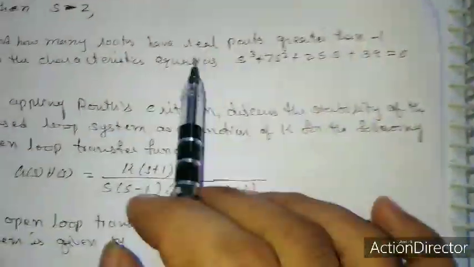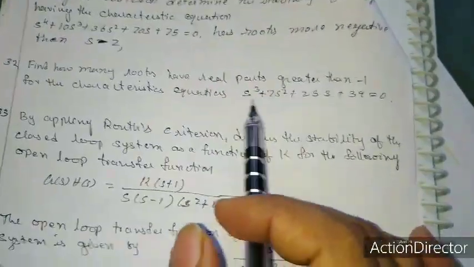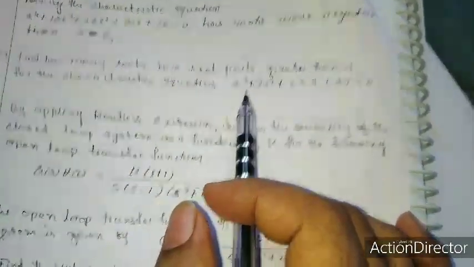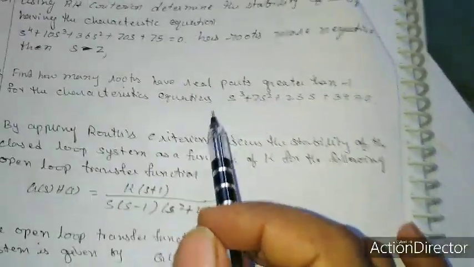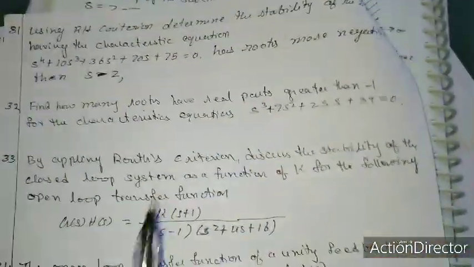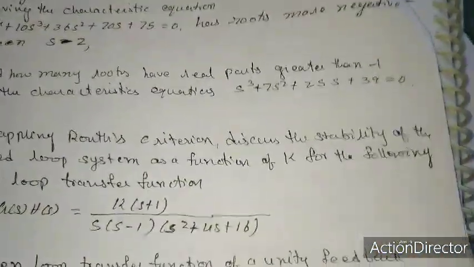Next, in the same way, you substitute -1 here, find s minus 1 in place of s, get the new characteristic equation, construct the Routh array and tell whether the system is stable or not. So problems 26 to 32 will be considered as assignment 4. Please all of you do it and submit it. Okay, thank you.